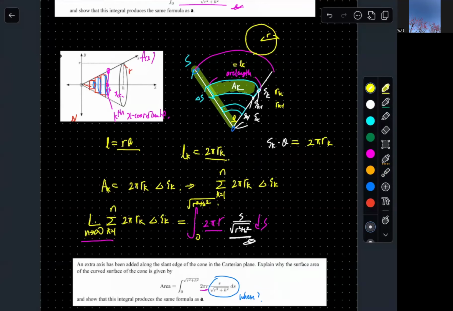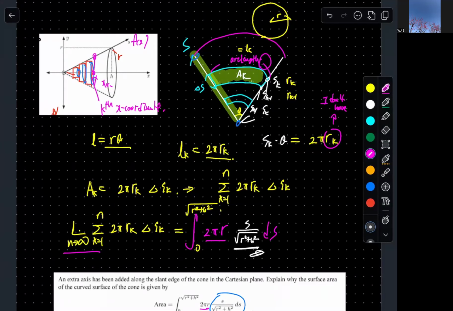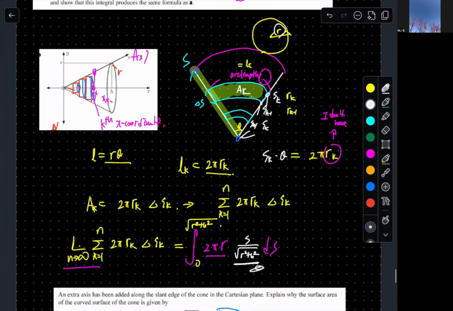Okay, but I don't have rk. That's the imaginary smallest circle here. But I only have the big radius. And for the big radius, it will be used for the entire length. So for the entire length here, it was 2 pi r.